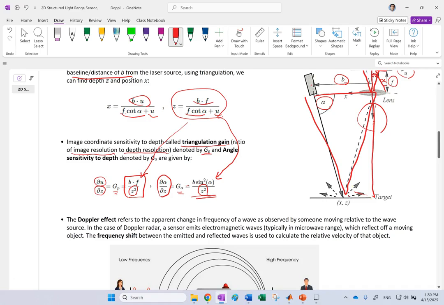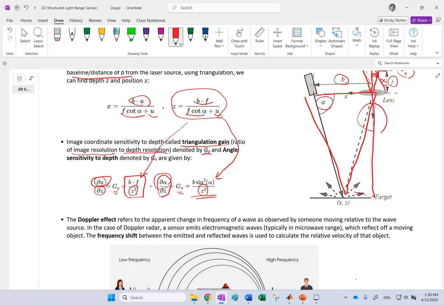Okay, so when the object is close, a small change in the depth will cause big changes in the angle or big changes in the image pixel location. But when you bring them all the way down here, far away, then a little bit of change is not going to cause much of a change in alpha or much of a change in the U. Okay, so this is the relation.